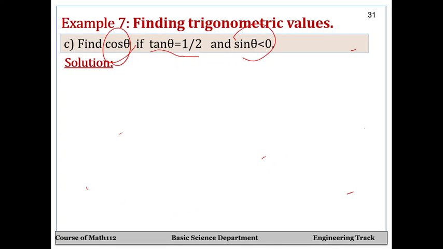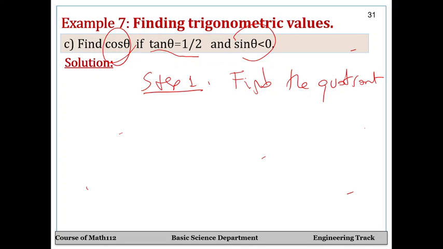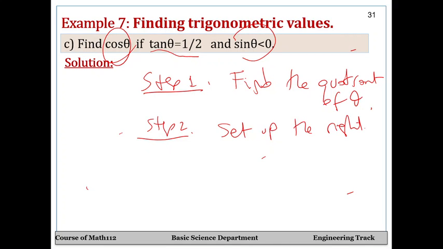So briefly, if you want to give steps here, step 1, find the quadrant of theta. Step 2, set up the right triangle using reference angle alpha.